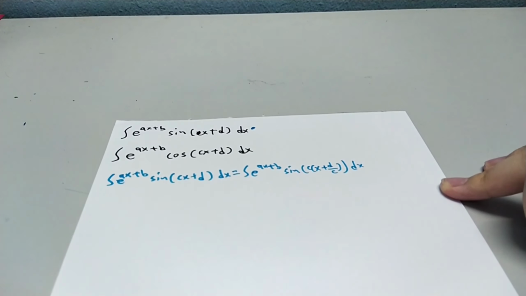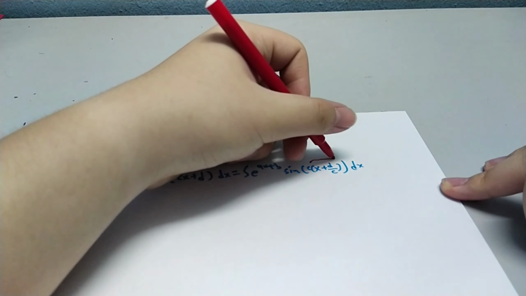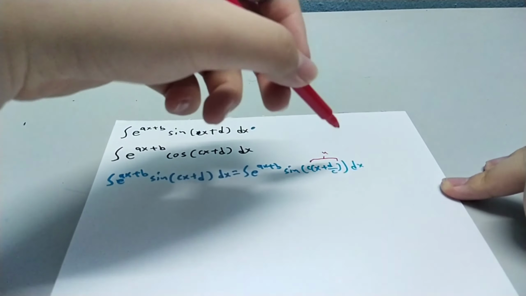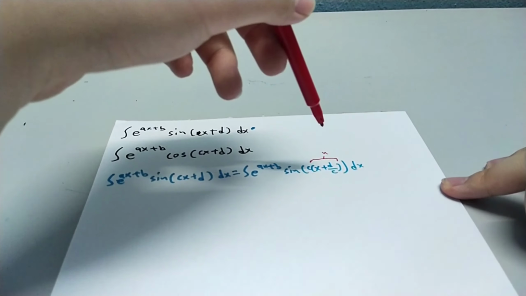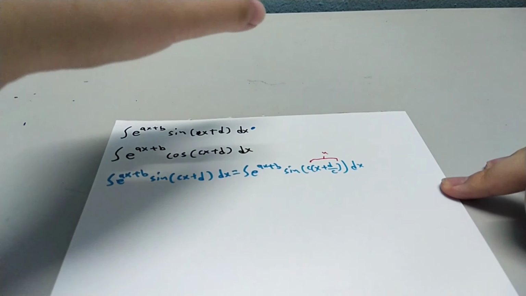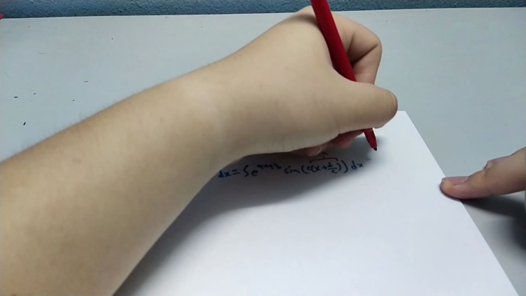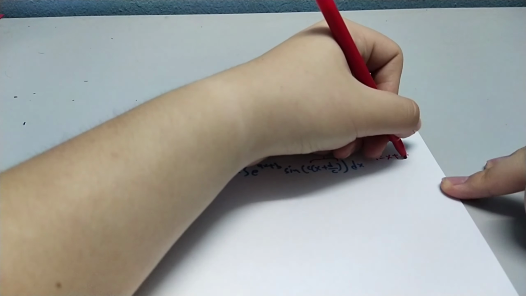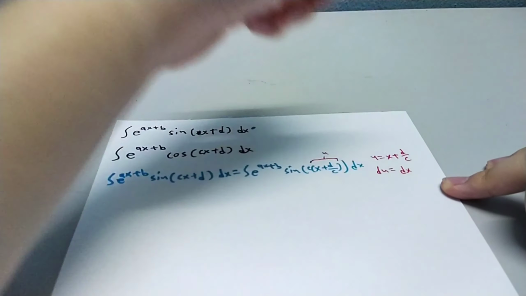Then I will apply the u substitution, because I want to make the inside of the sine become in the form of b times x. So I will let this equal u, because after that I will get sine of cu. So let u equal x plus d over c. Now d over c is just a constant, so du is equal to dx.